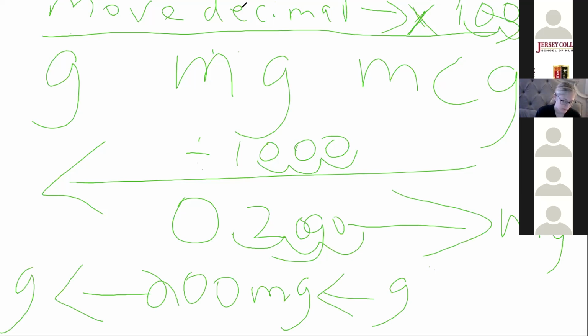Maybe that makes more sense. So your decimal point is going to go this way. You can see how easily that converts back and forth if you're going one way or the other. If you can see it in your mind like that, then you can always do these.